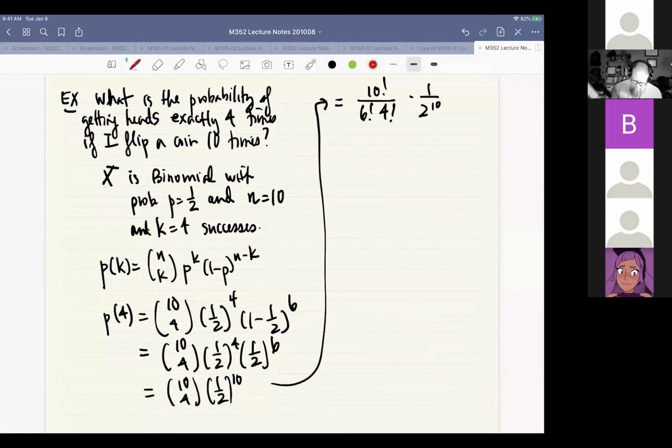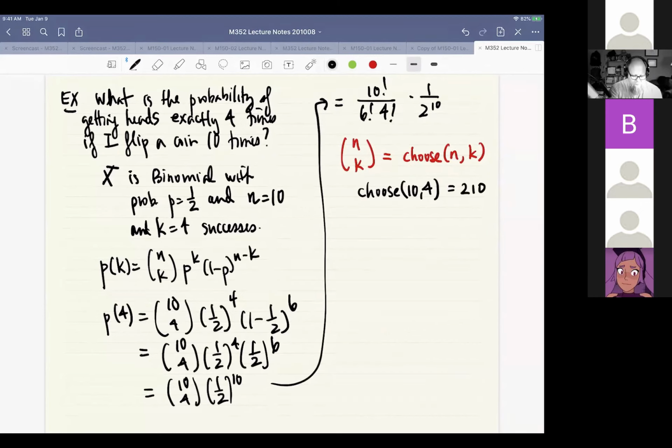So in R, N choose K, you can calculate that with the choose function. So we'd say choose N comma K. So for us, we type in choose 10 comma 4. And I'm going to type that in right now. And R gives me 210.